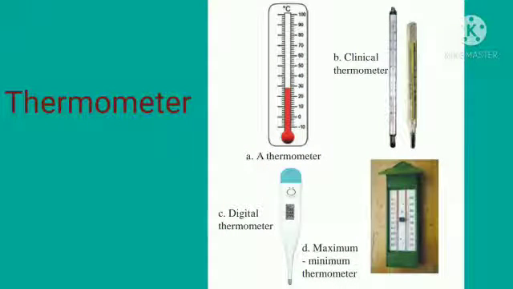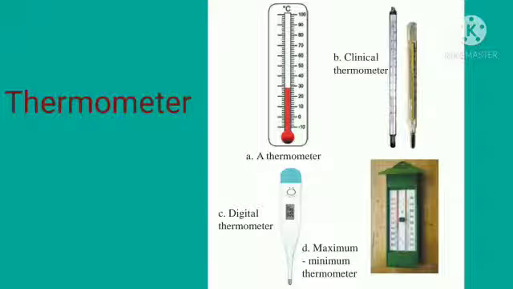Here we can observe the different types of thermometers. A thermometer is shown in figure A. It has a narrow glass tube which has a bulb at one end. The bulb and the part of the tube is filled with a liquid.